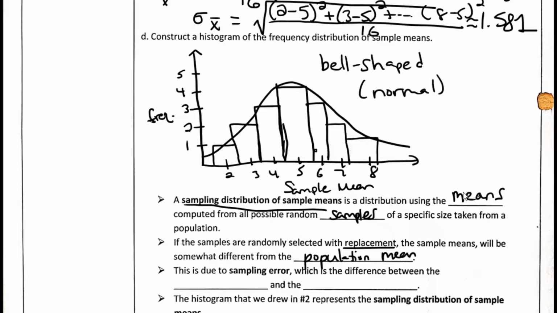But if you were to just randomly select a sample and take an average, it's not going to be the same as the population mean. This is due to sampling error, which is the difference between the population measure and the sample measure.